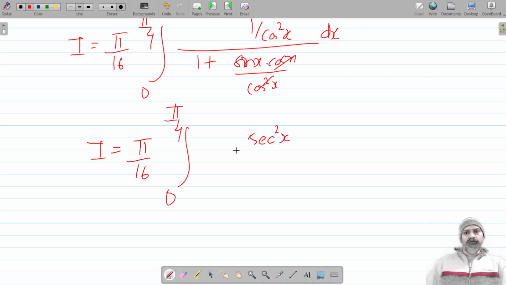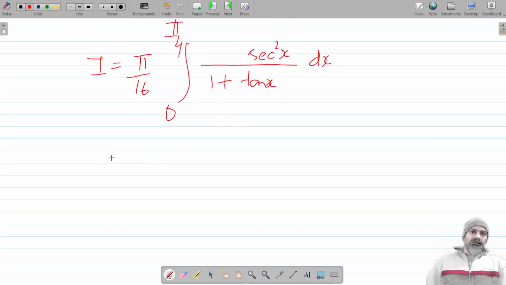So finally I is equal to pi by 16, from 0 to pi by 4, of secant square x upon 1 plus, now sine by cos is tan x, dx. Now, let's make the substitution here to solve this.